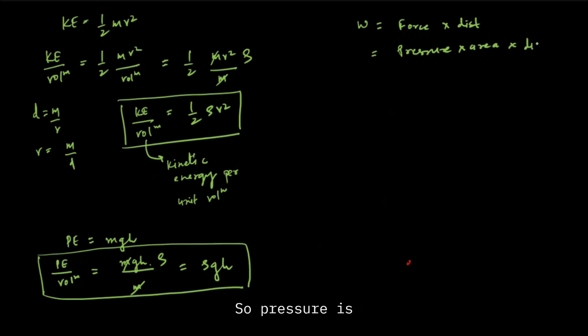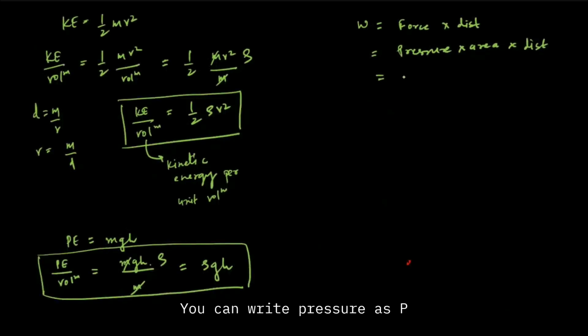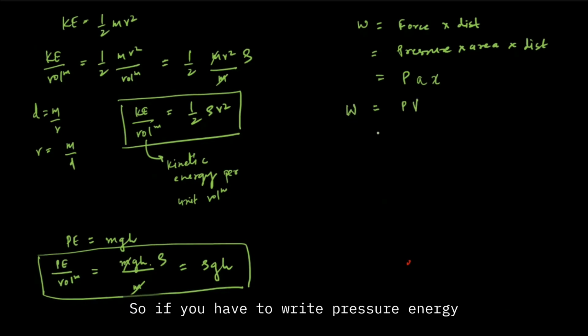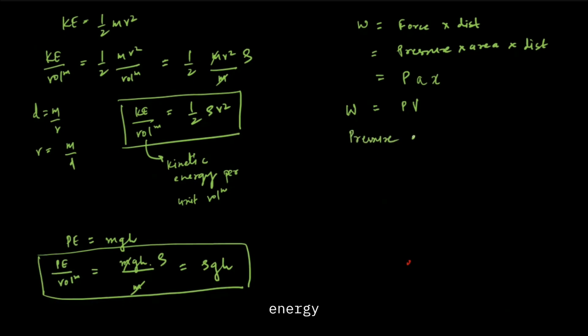So pressure is P, area as A, distance as X. Area times distance is volume. So if you have to write pressure energy per volume, this is what you can write. This is what we call pressure energy per volume.